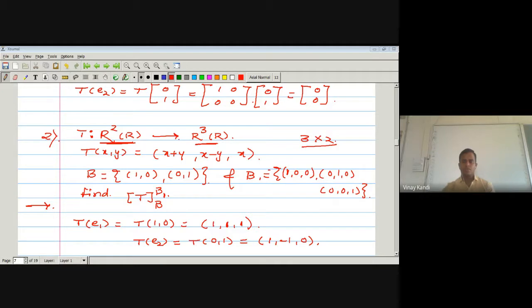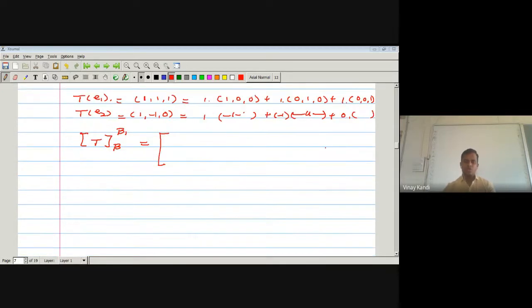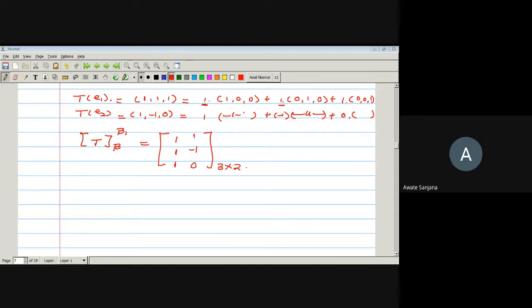So here the matrix of transformation is of order 3 by 2. This coefficient is 1, the next coefficient is again 1, and this one is 1. The second column is 1, minus 1 and 0. So this will be 3 cross 2. Any doubt? No, sir.